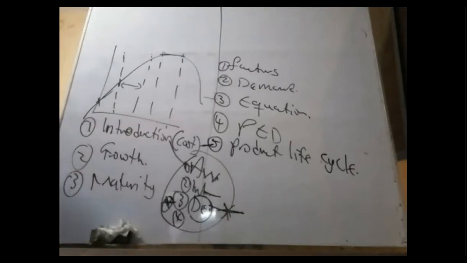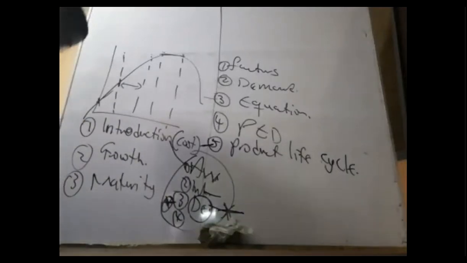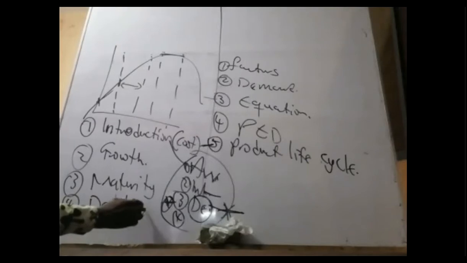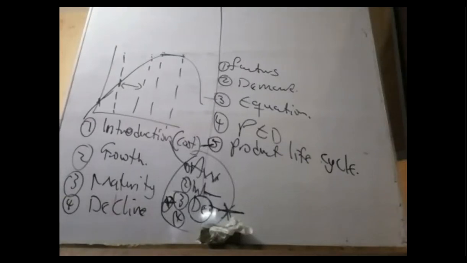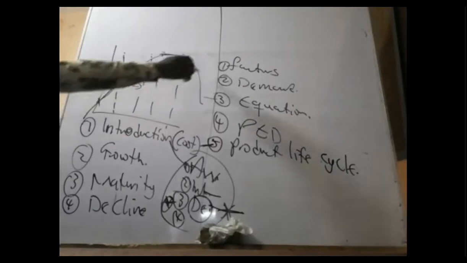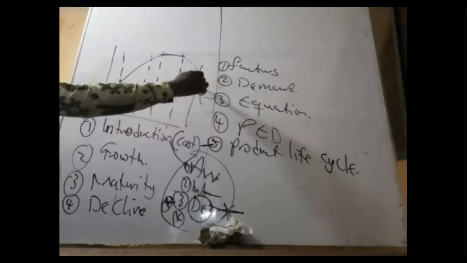In fact, this is where we've reached the apex. And don't worry, everything that has a beginning equally has an end. So once you have maturity, you will always decline from the market. So the decline stage, that's where the product is fed up from the market. Somewhere here, coming down.